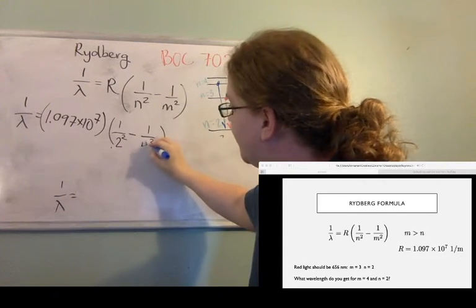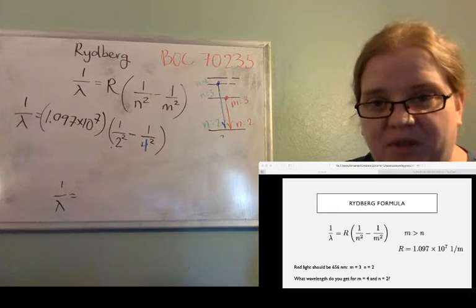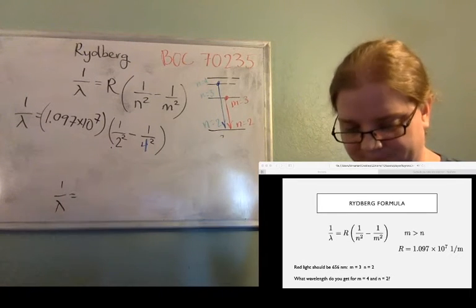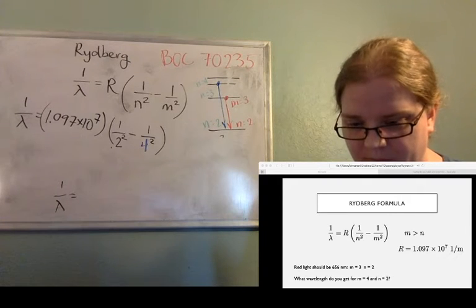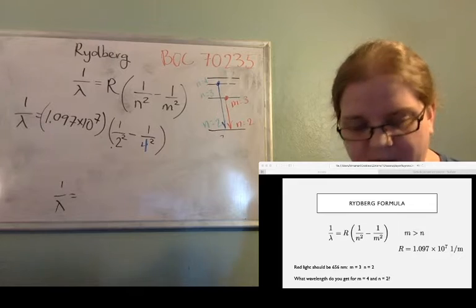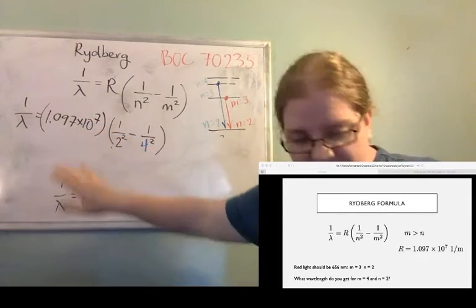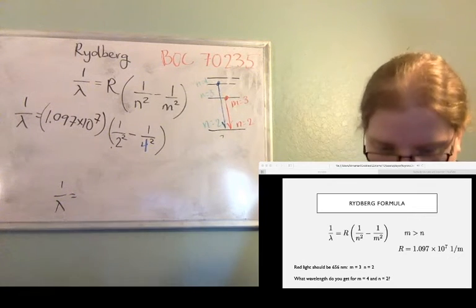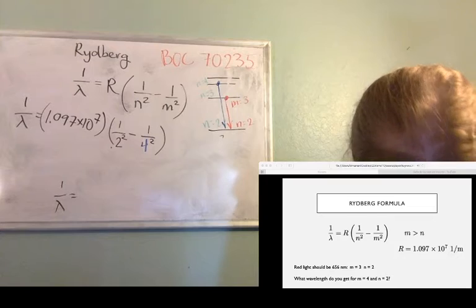This becomes a 4. So now, when we plug in our values, instead of a 9, it's a 16, so that's 4 squared. And again, you can find this number first and then multiply it by that. I'm going to go ahead and do the multiplication here.